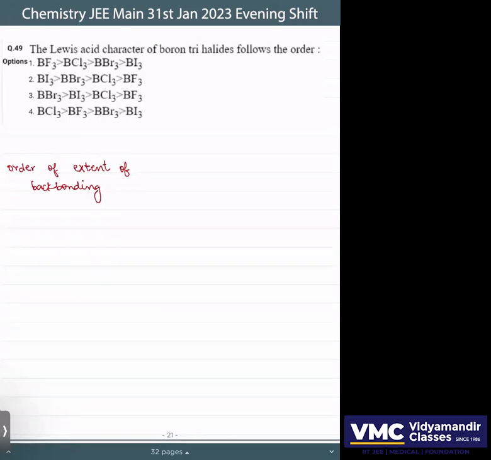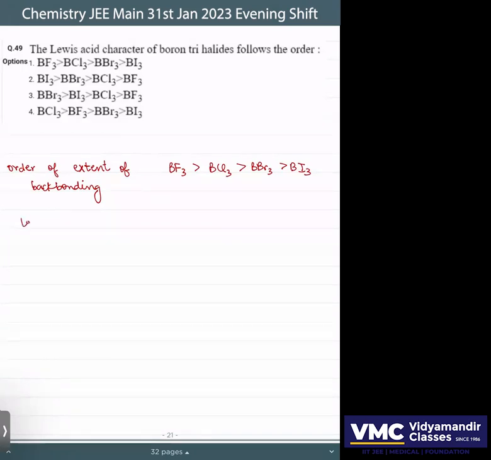BF3 will have maximum extent of back bonding, then BCl3, then BBr3, and then BI3. As the size of the halogen atom increases from fluorine to chlorine to bromine to iodine, the extent of back bonding decreases. More the extent of back bonding, lesser will be the tendency to accept the electron pair from outside. That means lesser is the Lewis acidic character.